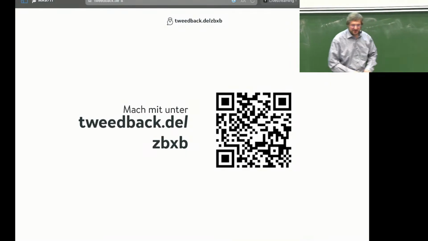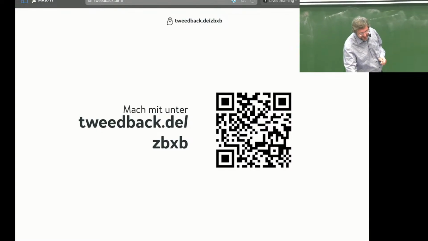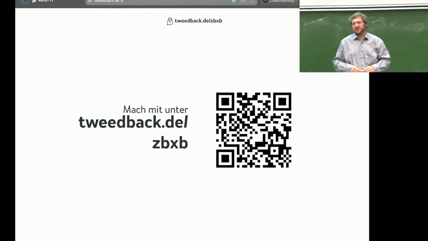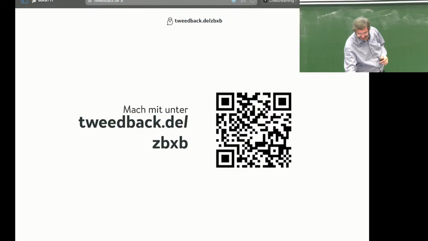All right, that should be sufficient. So let's ask, does the game have a Nash equilibrium in pure strategies? Again, the question is on TweetBack. I'll give you 30 seconds to answer it.